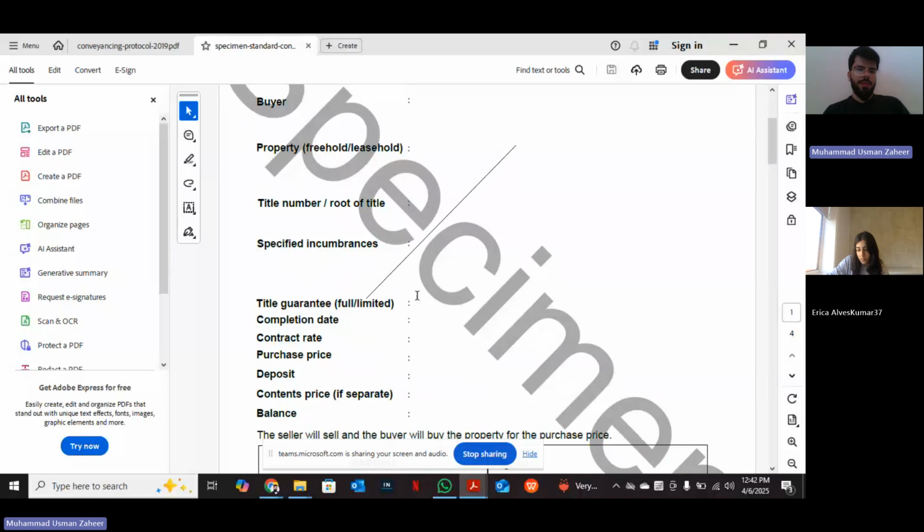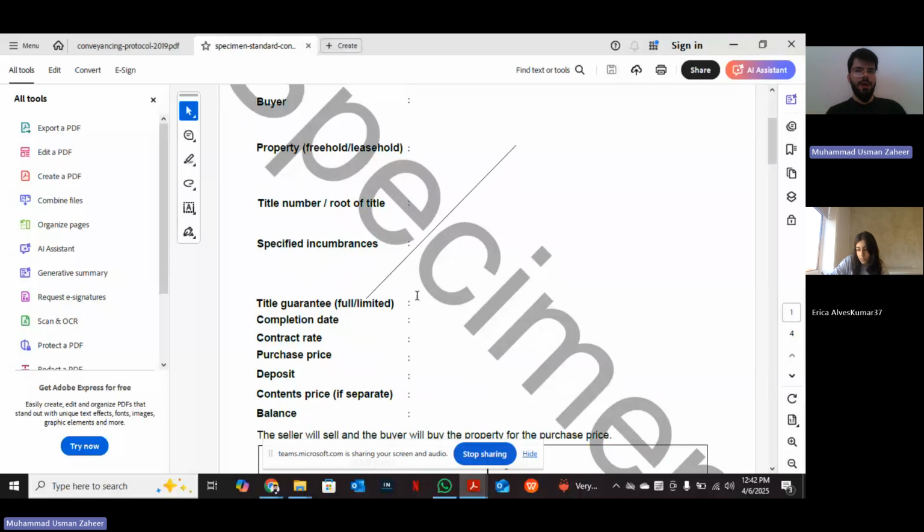Title guarantee. The title guarantee has to do with the knowledge base of the seller. If he's selling as an executor, he might have limited knowledge of that property, thus having limited guarantee of the title.